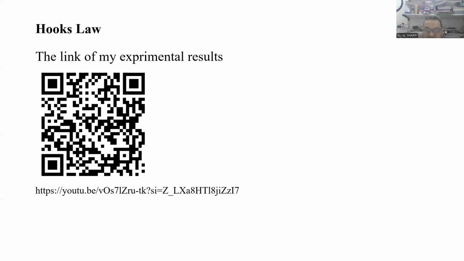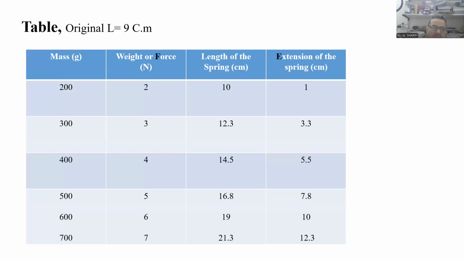How I could calculate all the results by using another spring with different masses, like the ones written in the column. Here my result, the extension.